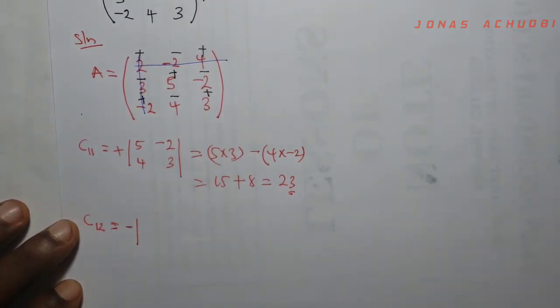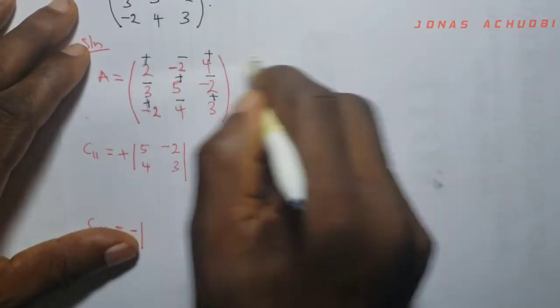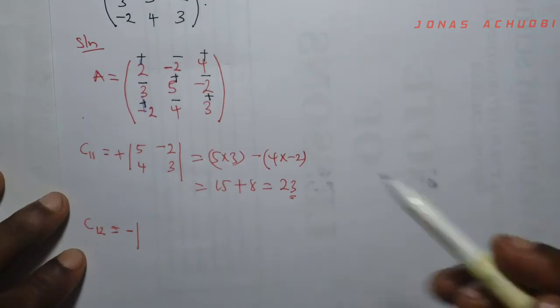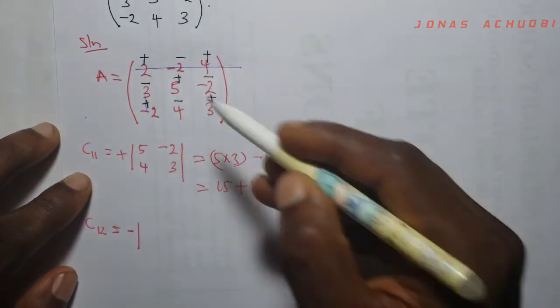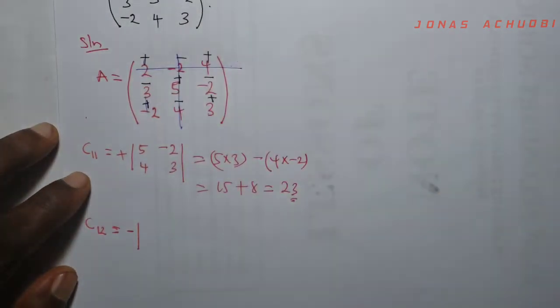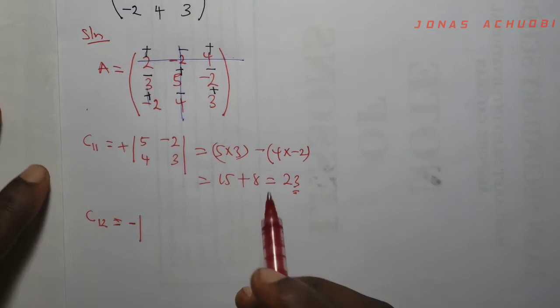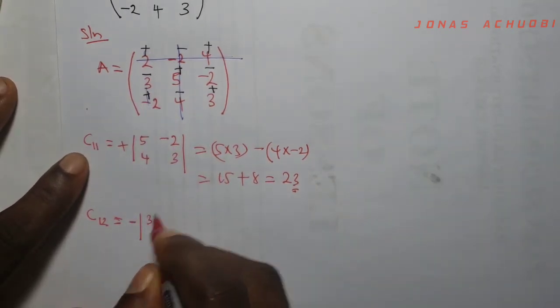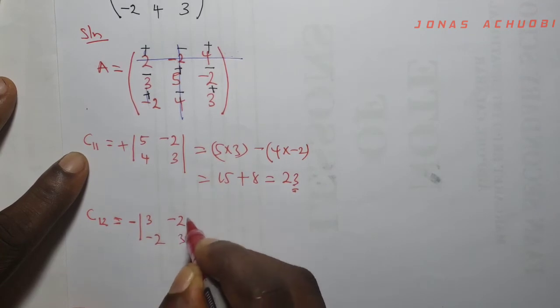Then we multiply that by the minor of that entry. So we clean this other line and get the minor of the next entry. This entry is in row 1, so I delete all the row 1 entries, and in column 2, I delete the column 2 entries. So the minor now becomes the 2 by 2 determinant that is there. What is that? 3, -2, -2, and 3.